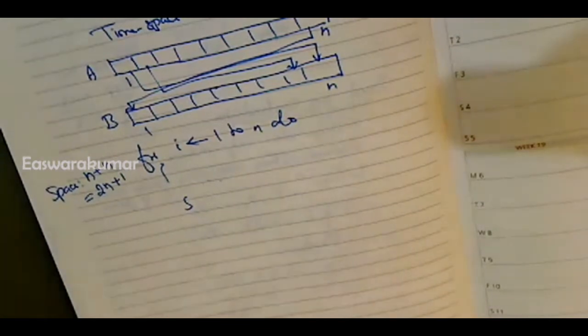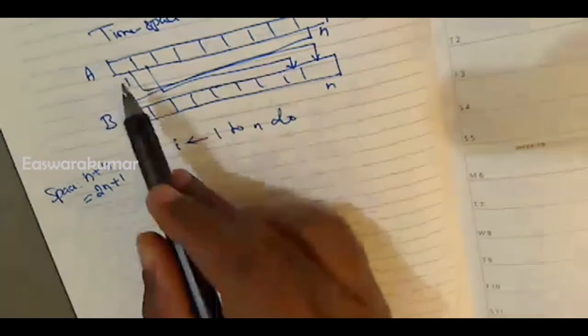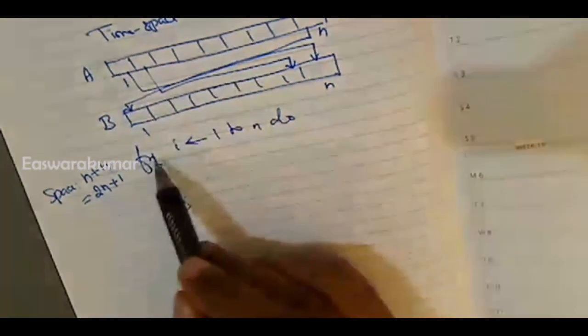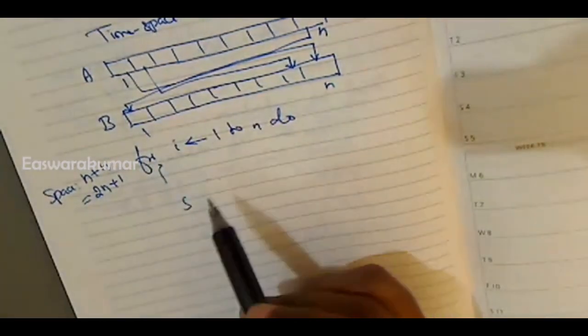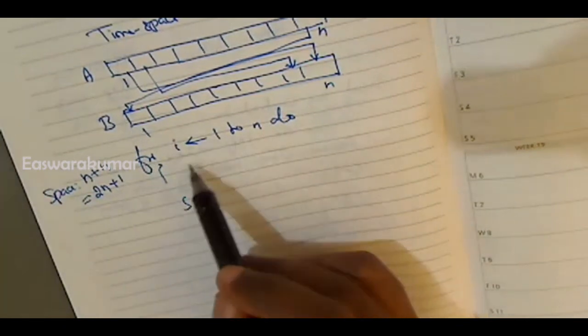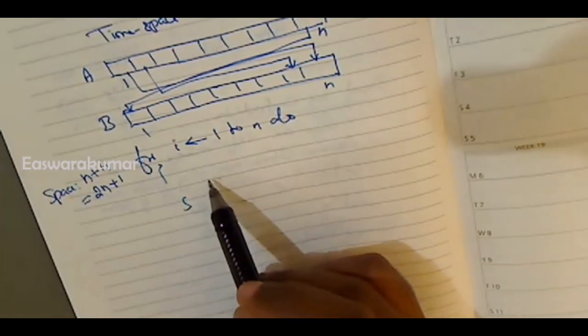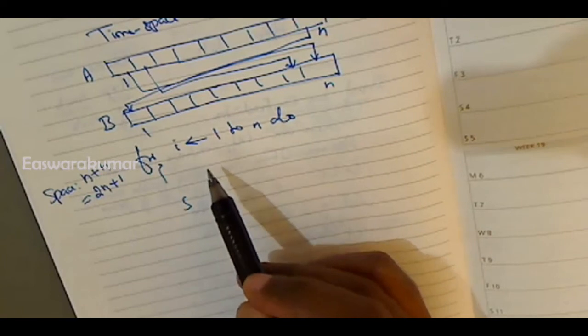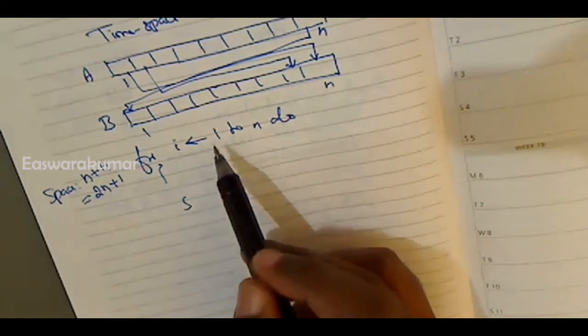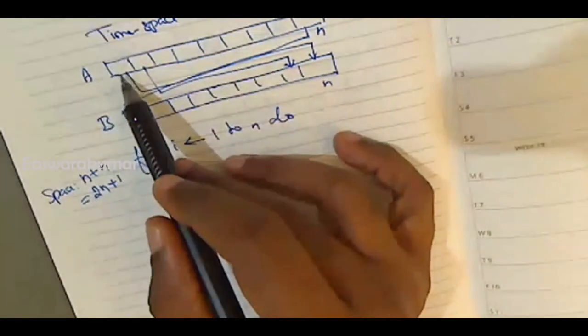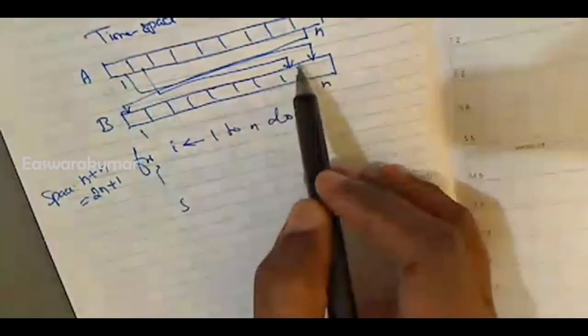Now let us see the time requirement. We are reading the array A one by one, so there is a for loop for I equal to 1 to n. The number of iterations this for loop does is n times. Every element we have to read and write: the first element, then the second element, then the last element.